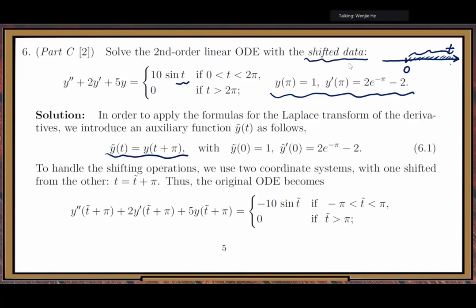First, here we do the coordinate system switch translation, right? So there are two coordinate systems, one t coordinate system, the other t tilde coordinate system. The relationship is this. Let me draw the second coordinate system, t tilde coordinate system.